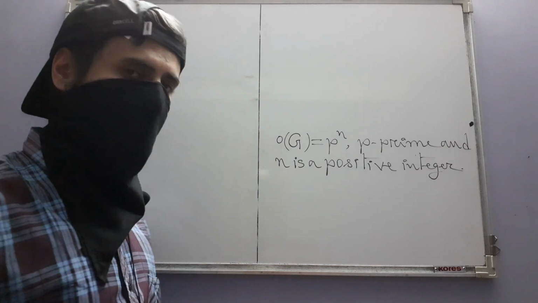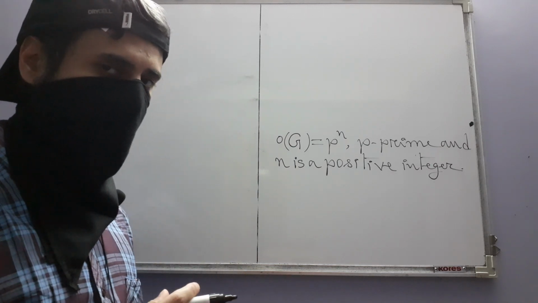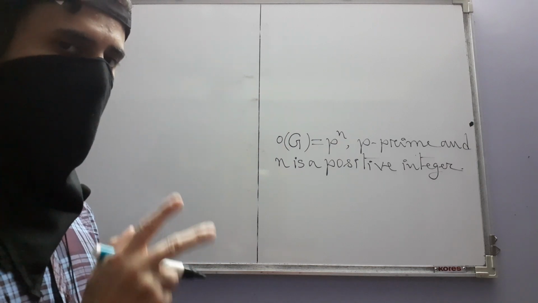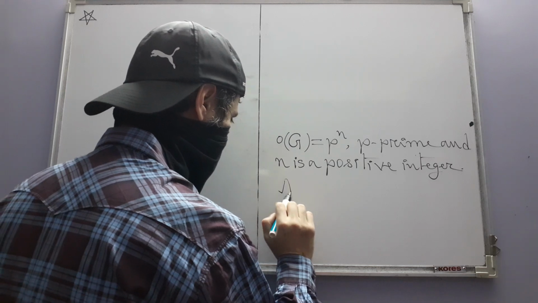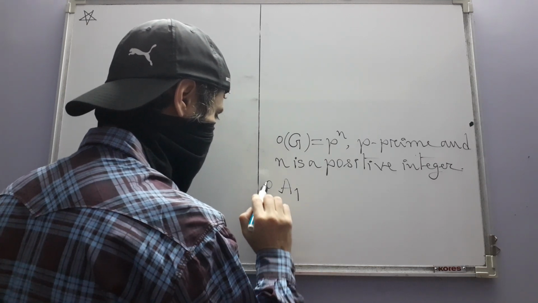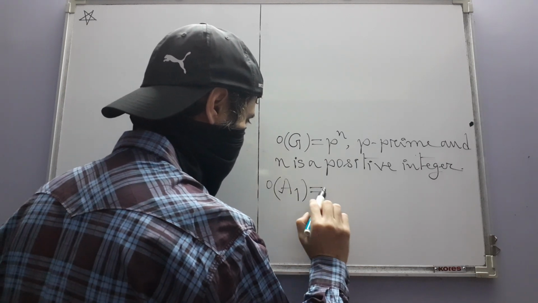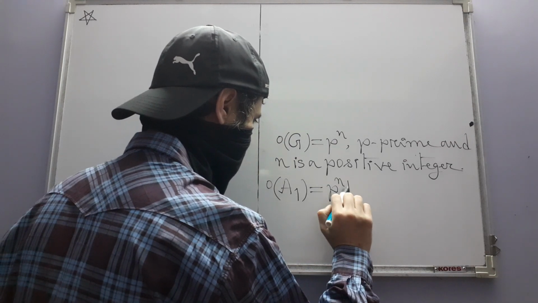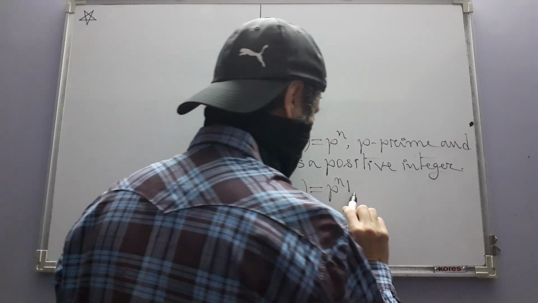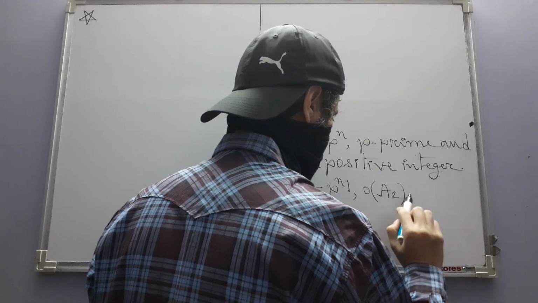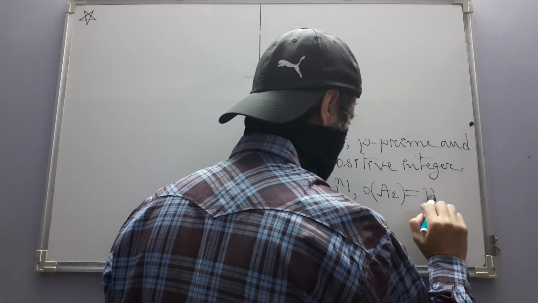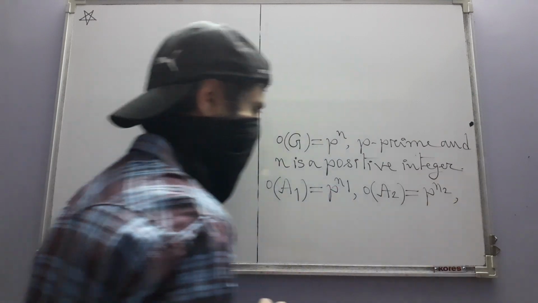And in that direction, we have already found two cyclic groups. One of them is A1, which is of order p to the power n1, and the other one is A2, which has order p to the power n2.